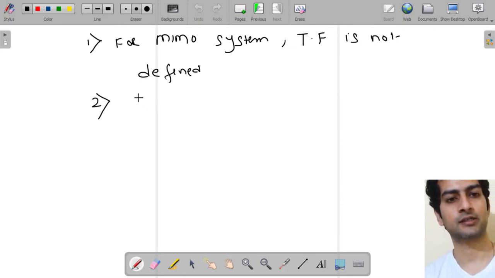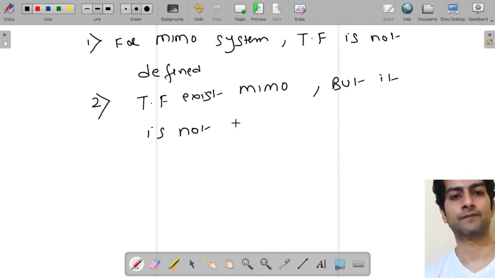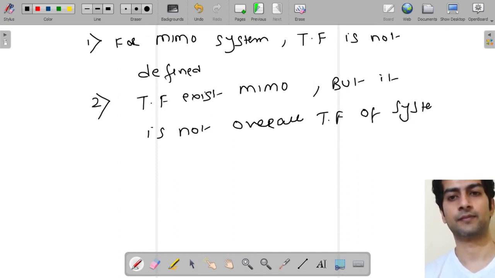So the second statement, maybe: transfer function exists for a MIMO system, but it is not the overall transfer function of the system.